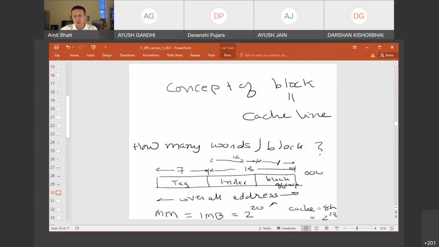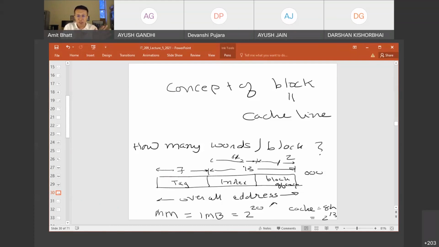If I make this a 4-word block, then the bits required to find out the block offset would be 2, right? Because now I have 4 words. So then I'll put 2 over here, and this would be 11, right? So the total is still 13, but now you are dividing up this index into 2 parts.